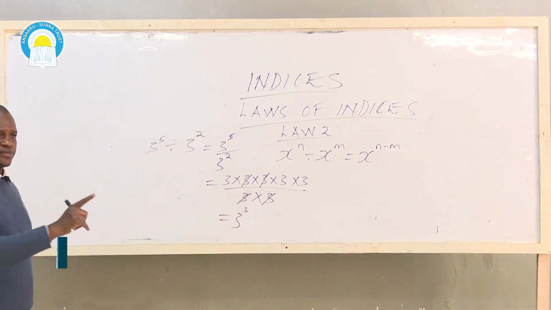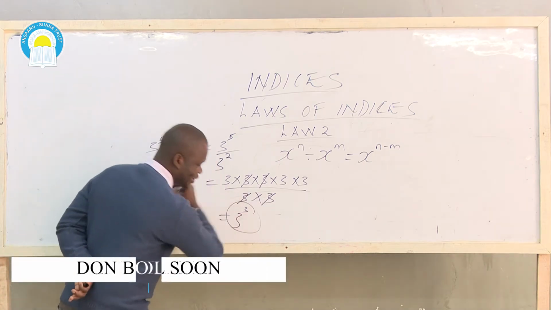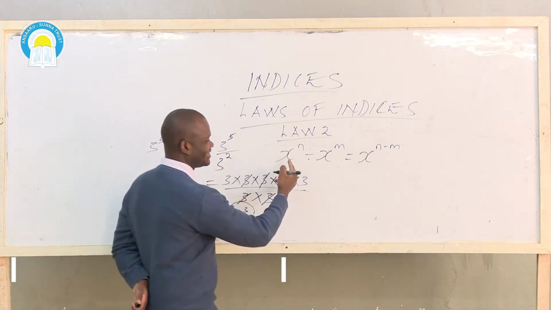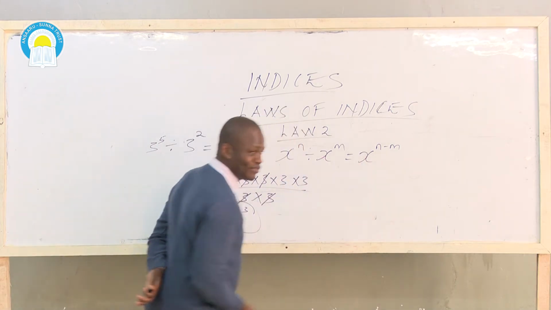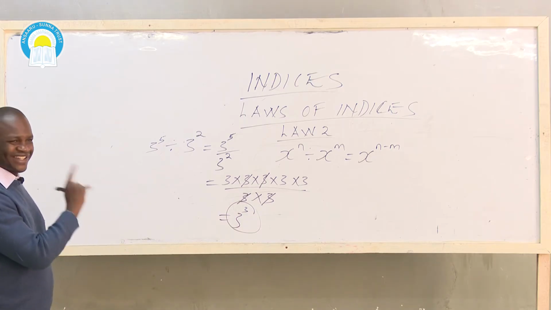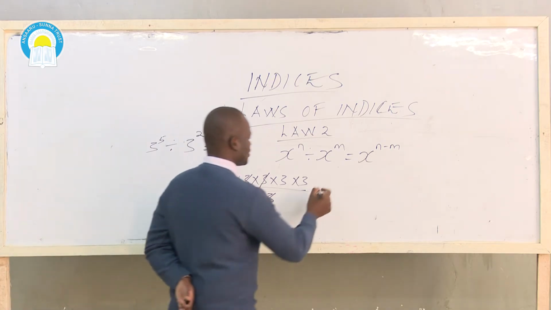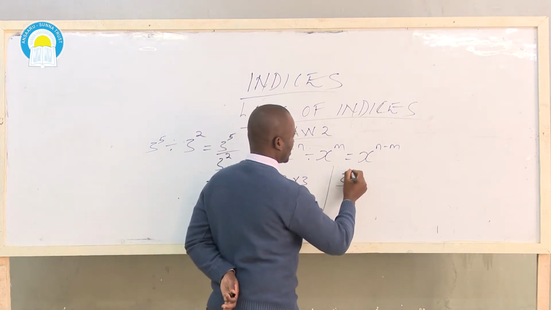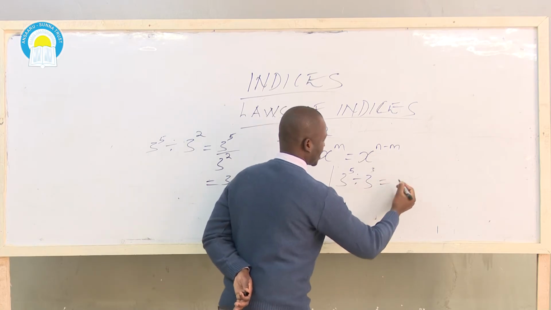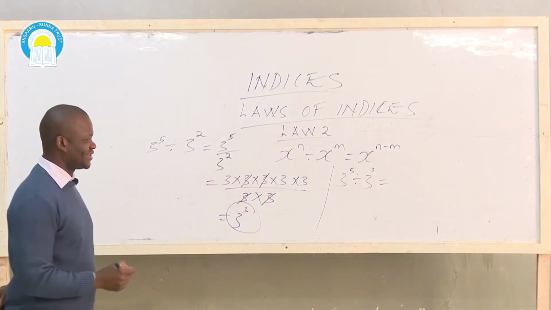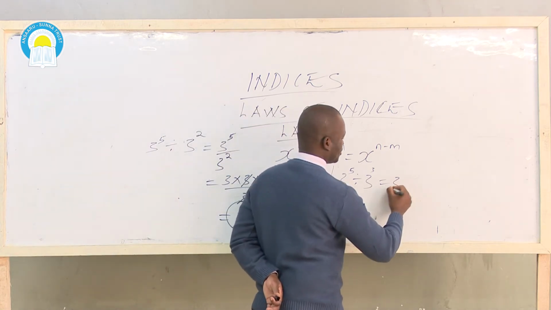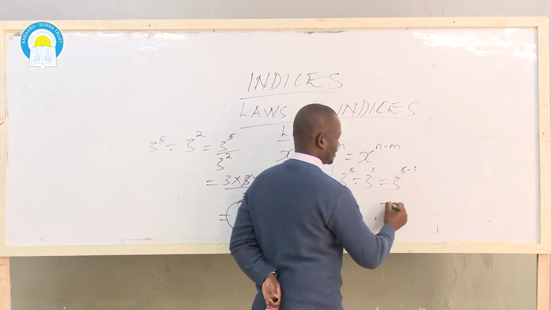Now we're just saying the same outcome of 3 power 3 can be achieved by simply employing that law of division, of course, when we have similar base. Now what will I do? I will say I'm having 3 power 5 divided by 3 power 2. So having similar bases and the operation is division, what do we do? We subtract the powers.